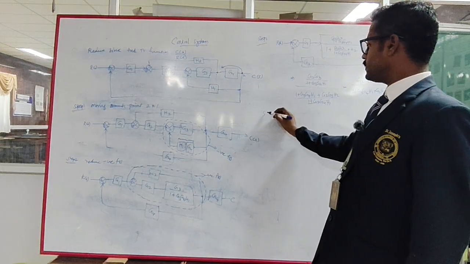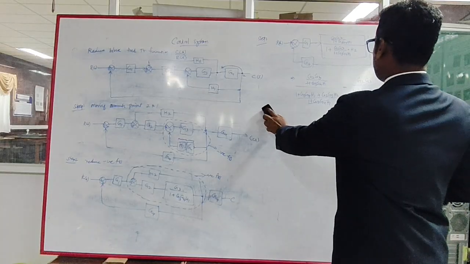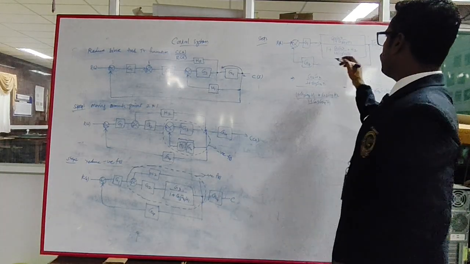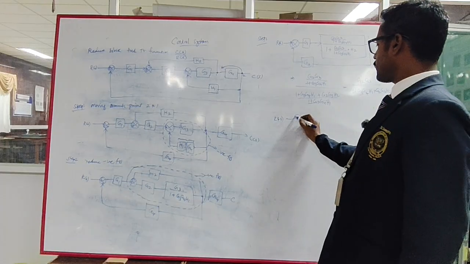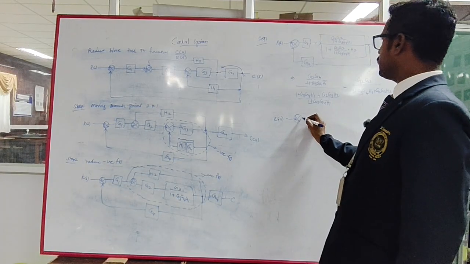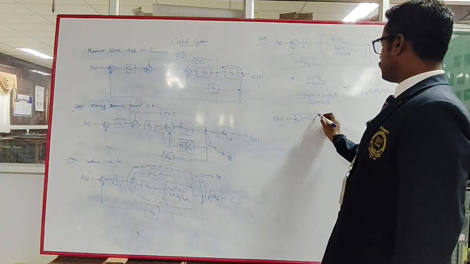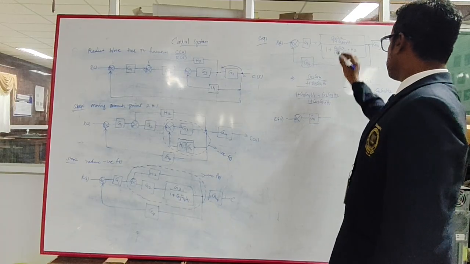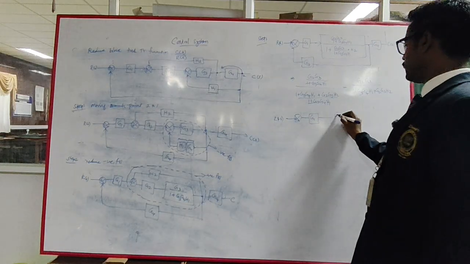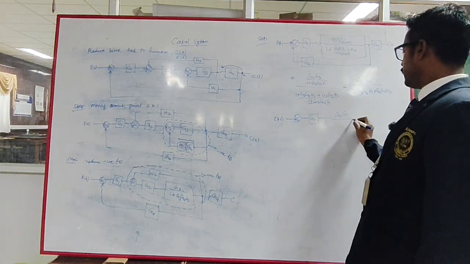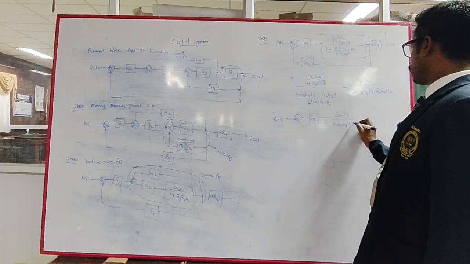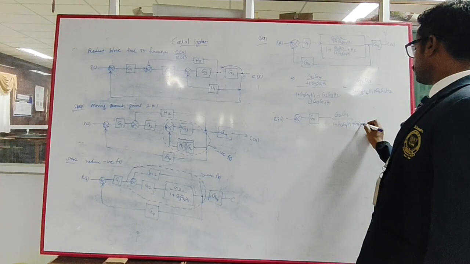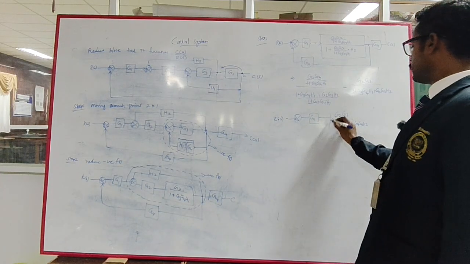So instead of step 4, we are redrawing the same thing. R of S, plus minus, G1, then this transfer function is replaced by this one: G2 G3 divided by 1 plus G3 G4 H1 plus G2 G3 H2.